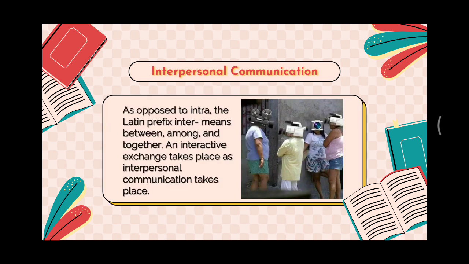So next we have interpersonal communication. So unlike the first type, it involves other people. Just like the one on the example. These are your neighbors who talk whenever they have time.